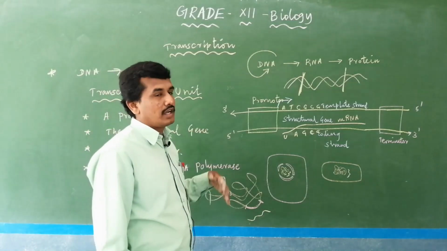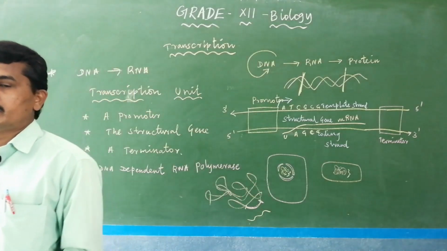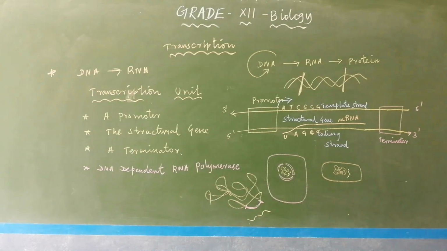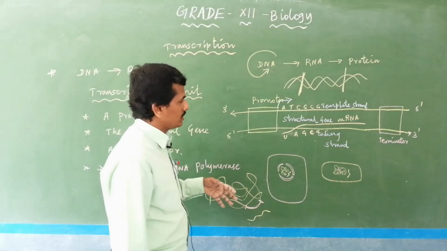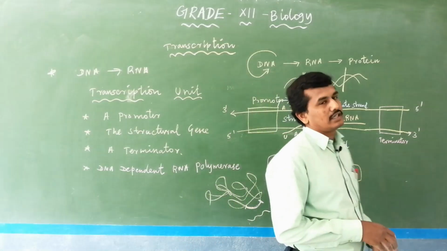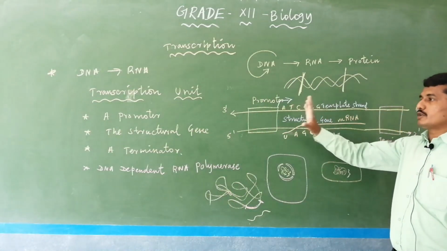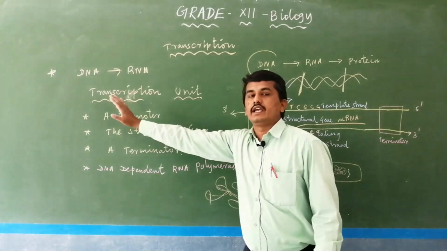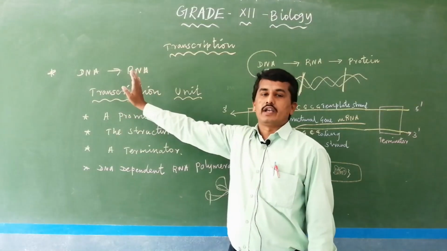Transcription in prokaryotes is different, with some enzymes or chemical factors involved, and transcription in eukaryotes is also different. So next there are prokaryotic transcription and eukaryotic transcription. Transcription is DNA being converted into mRNA.